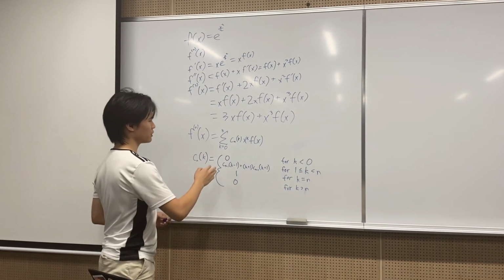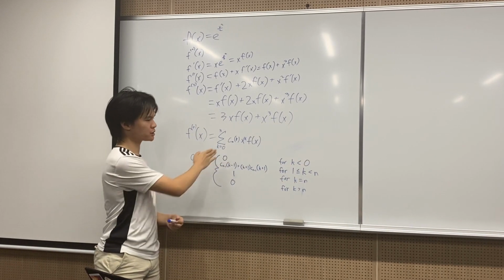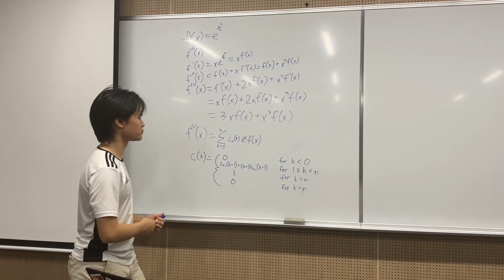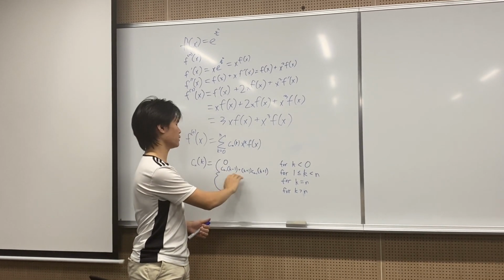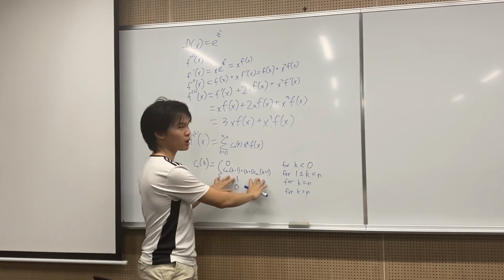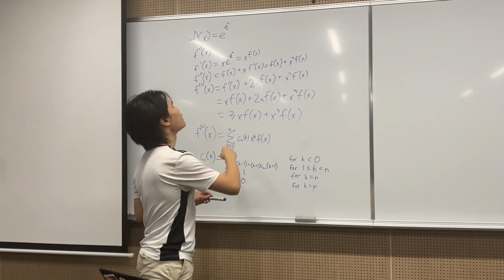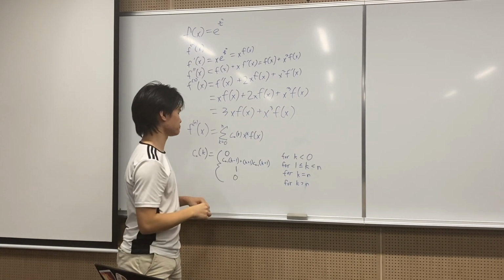So quite obviously, because both this and this are outside of the bounds of the summation, those are just going to be 0. And here we have a recursive definition of the constant, and these terms correspond to where each of the terms is coming from.